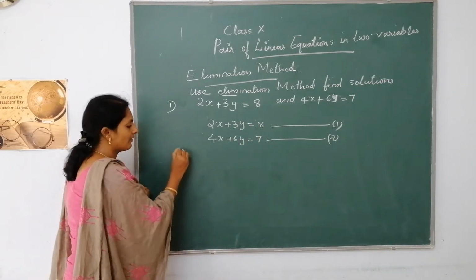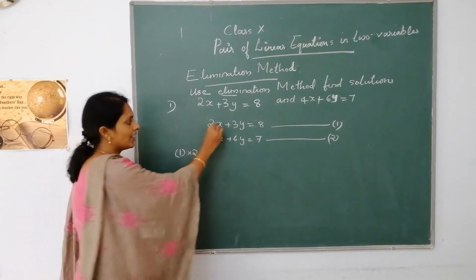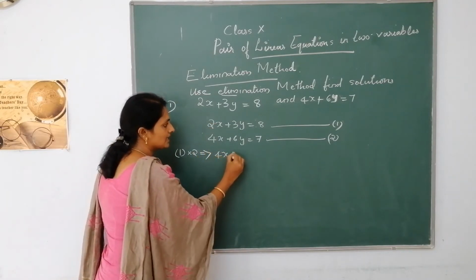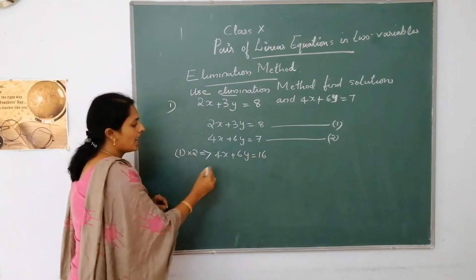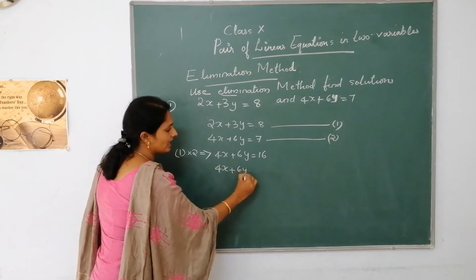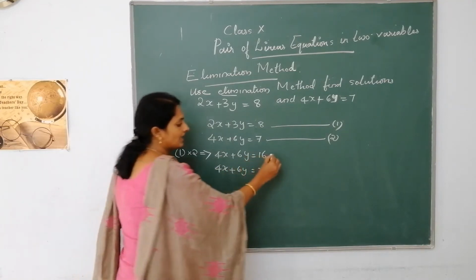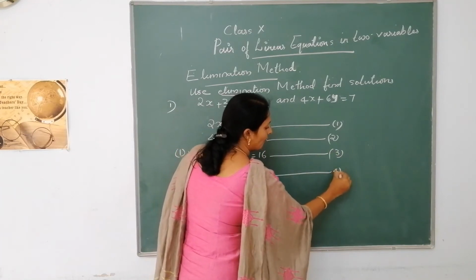That becomes 4x plus 6y is equal to 16, and the next equation is 4x plus 6y is equal to 7. Consider this equation as 3 and this equation as 4.